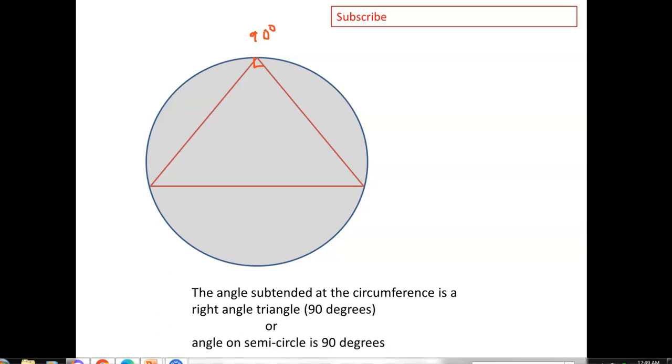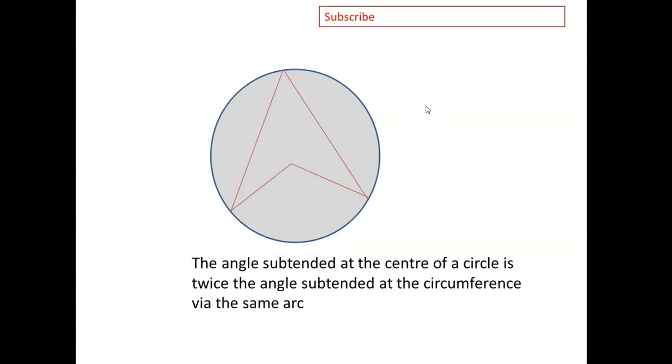By the word subtended, we mean made. Or in other words, some people tend to say the angle on a semicircle is 90 degrees. So those are the two different ways you can say it. Don't be surprised if other teachers say it another way, but the two reasons will be those two.